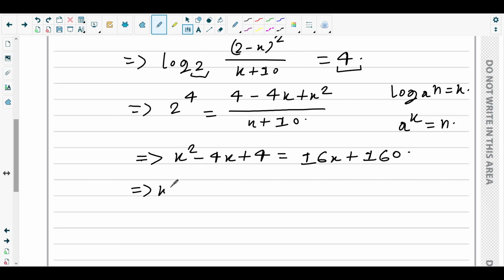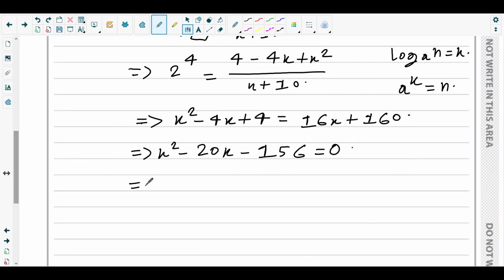Take 16x to the left, so you will get x squared minus 20x plus 4 minus 160, that is negative 156, equals 0. Now we need to solve this quadratic equation.